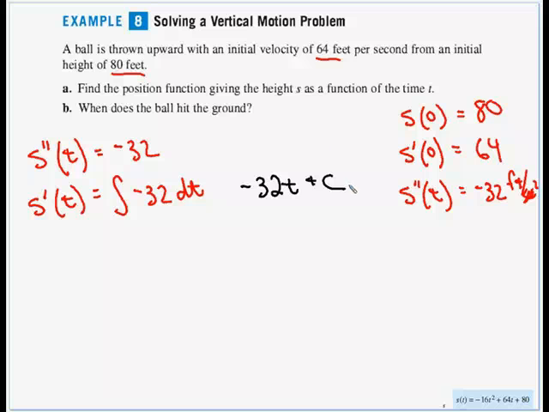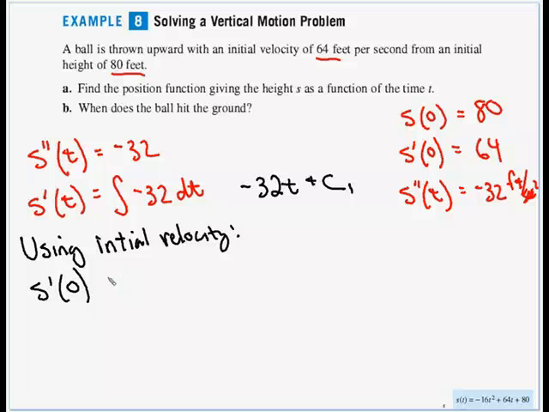We'll call that c sub 1. We can solve for that constant by using our initial velocity. We know that s prime of 0 is equal to 64. So that's a point on the curve, (0, 64).